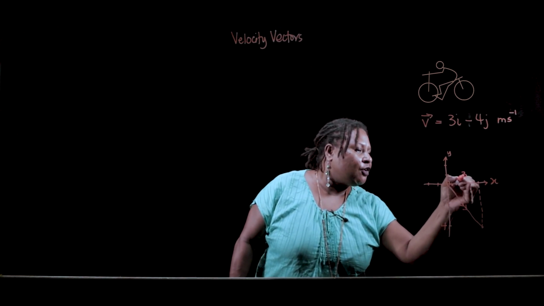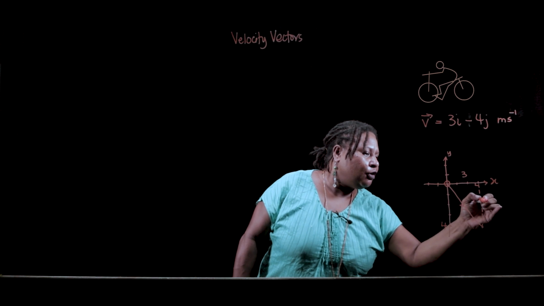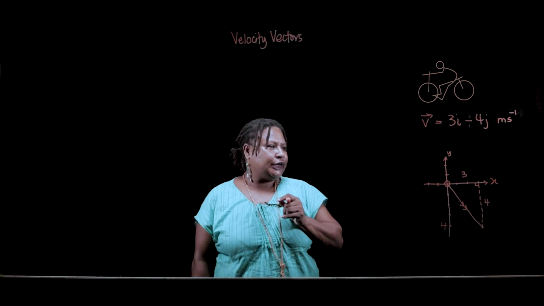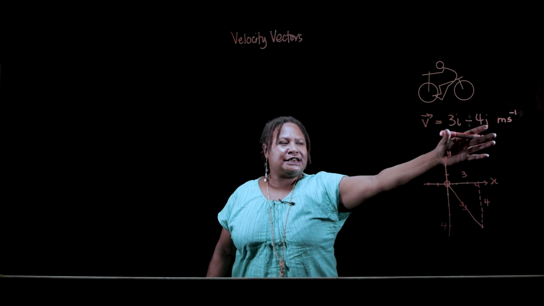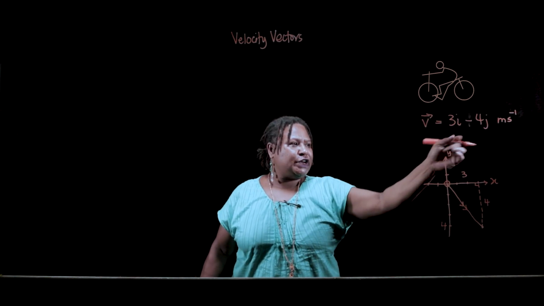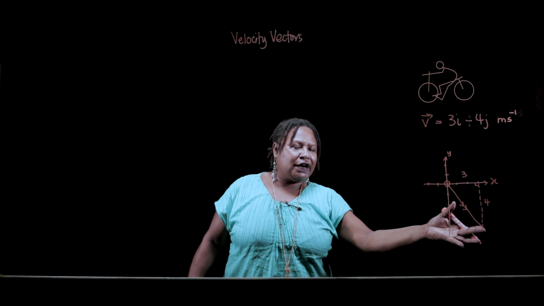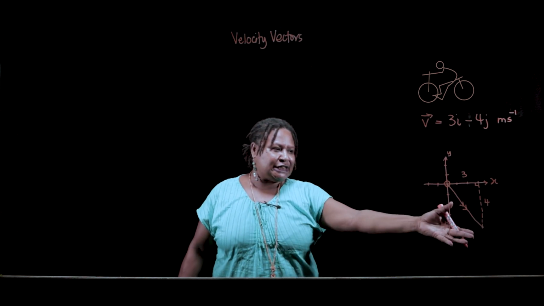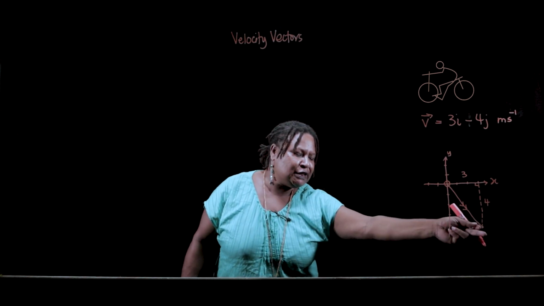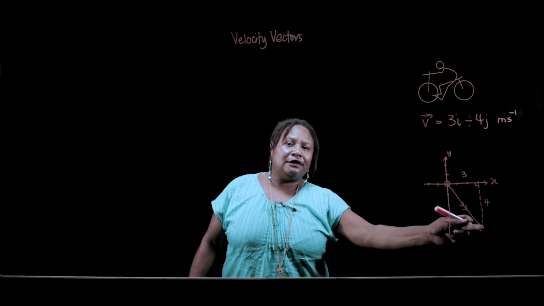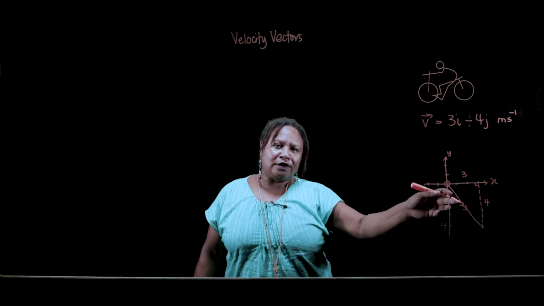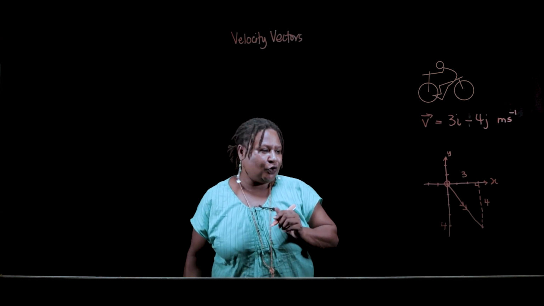So 3 across and 4 down. So Joe, his velocity is given as 3i minus 4j meters per second. And on the Cartesian plane, we can actually see the direction he is moving, all right? So the length of this vector is what we are looking for, his speed, okay?